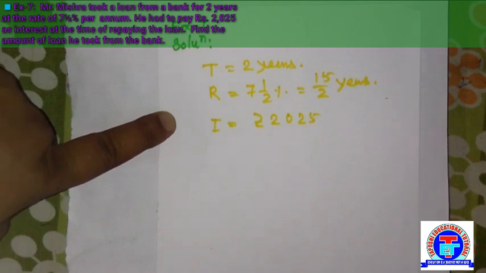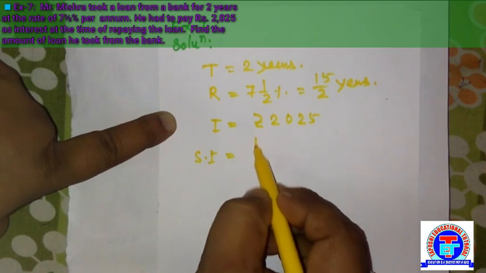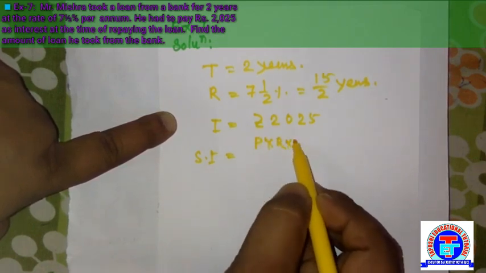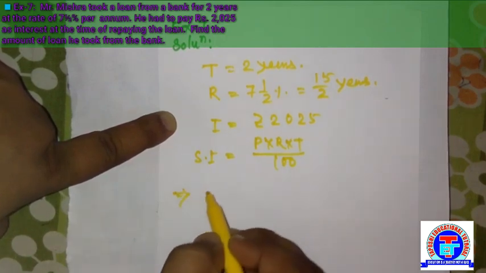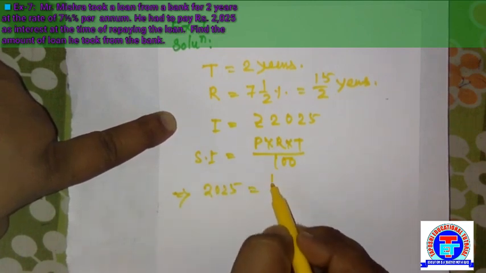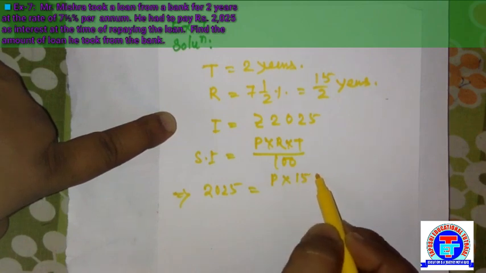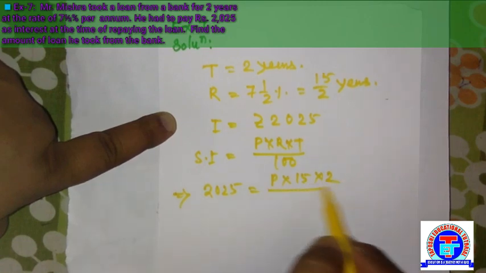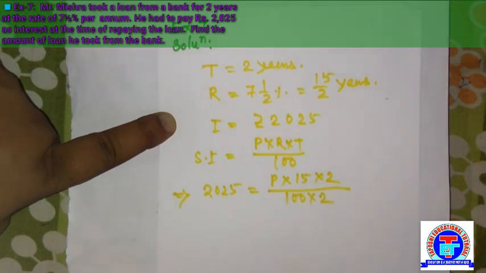So we find out the simple interest, as you know, P into R into T by 100. Now put the values, implies that rupees 2025 is equal to P into R is equal to 15 by 2, T is equal to 2, by 100 into 2, right? So 2 cancels here.